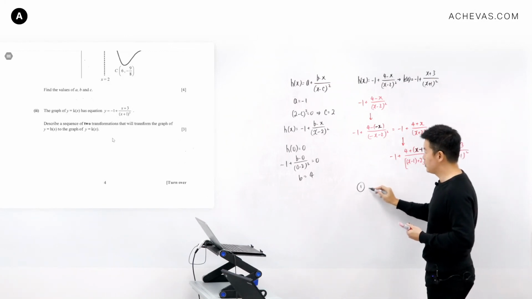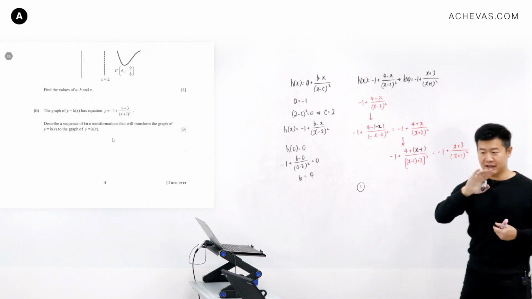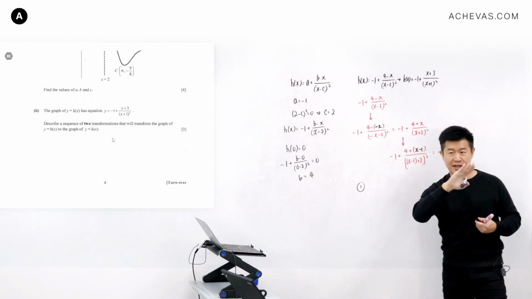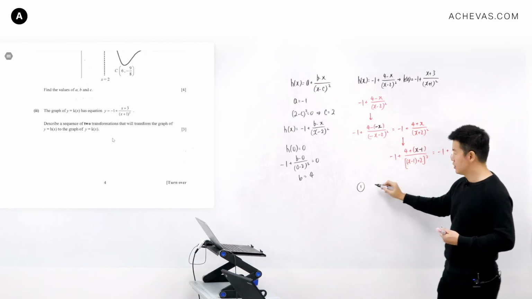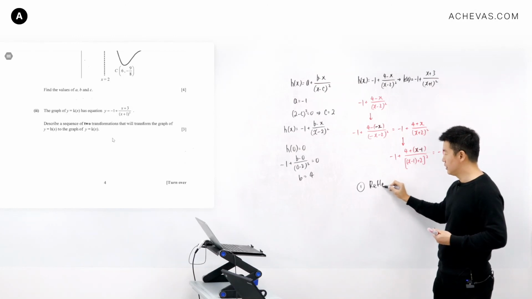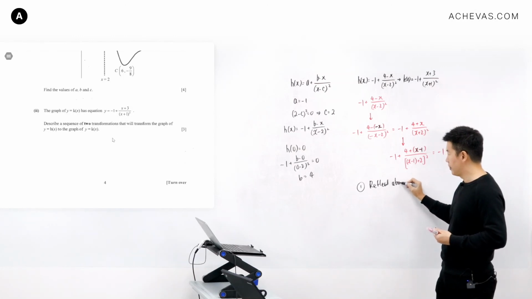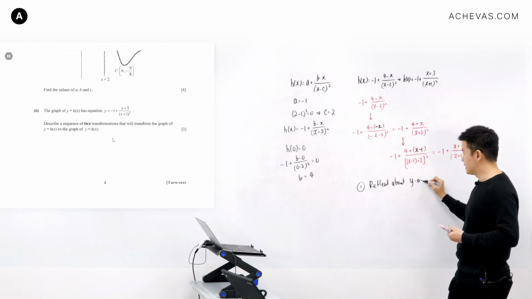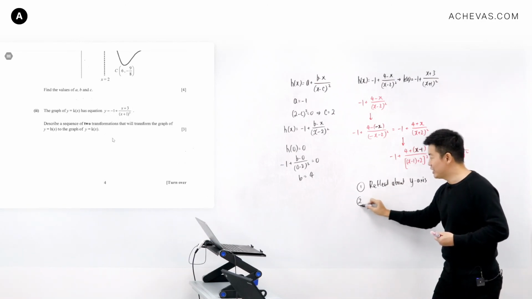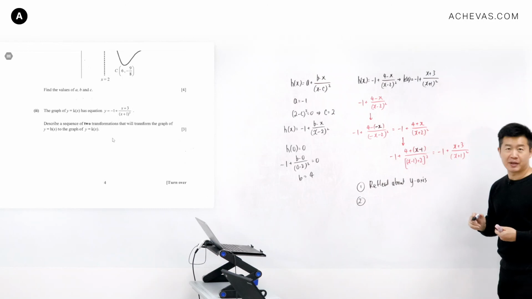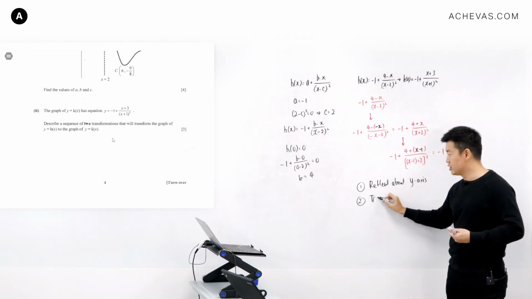So the first transformation will be replacing x by minus x. Positive x becomes minus x becomes positive x. So it is going to be a reflection about the y-axis. The second transformation, replacing x by x minus 1, is going to be a translation.